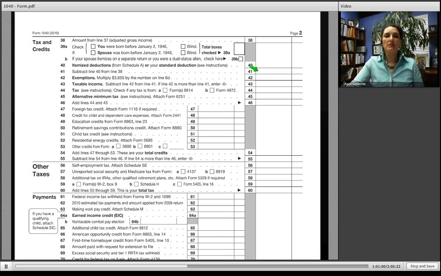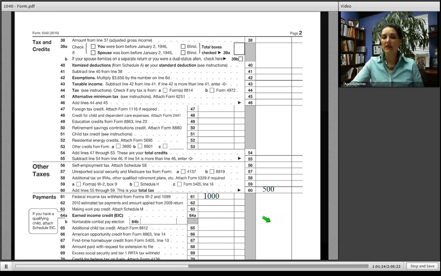So let's just suppose the child has a tax liability on line 60 of $500, okay? And this individual has $1,000 of withholding on line 61. Well, how it would look when this child's return or joint return is filed is it would say that they have a $500 refund.